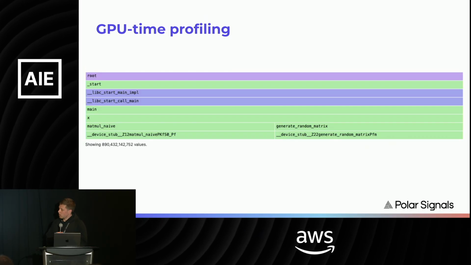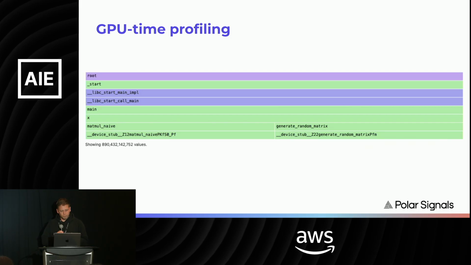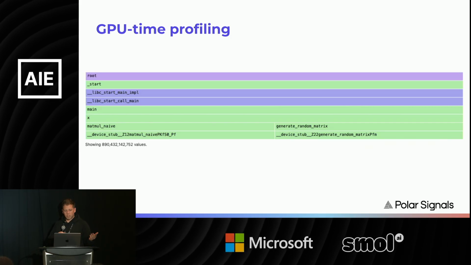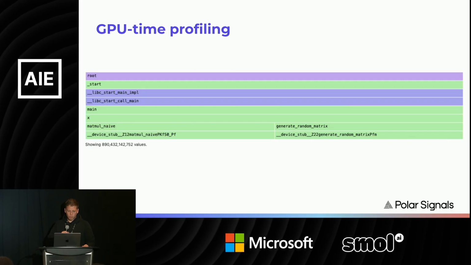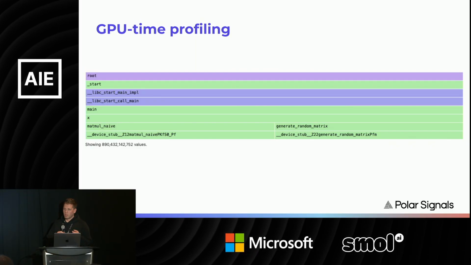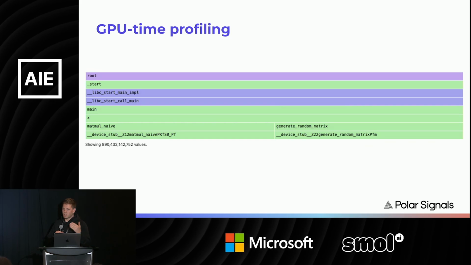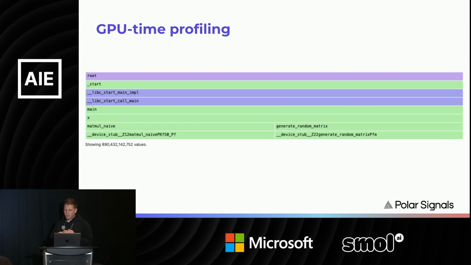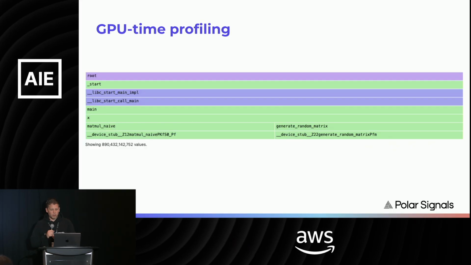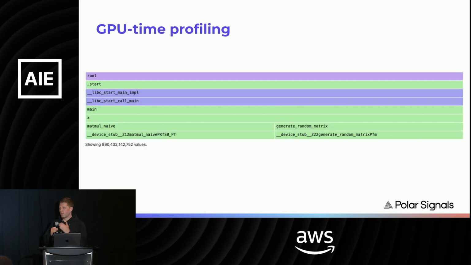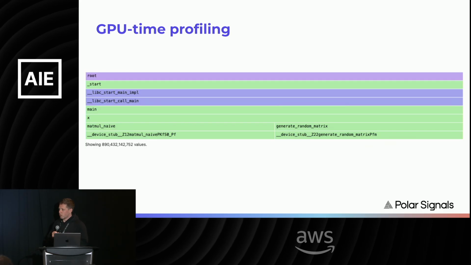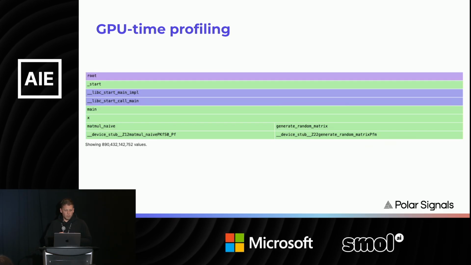So here's a small example of CUDA functions, and basically what we do is we tell the Linux kernel, whenever there's a CUDA stack getting put on the CPU, to tell us the start time of that function, and then eventually tell us the time when that kernel terminates, and then we know the duration of how much time that particular kernel was spending on the GPU.